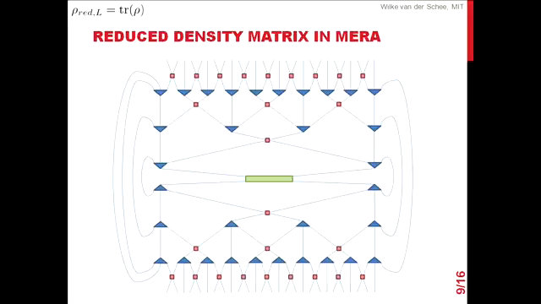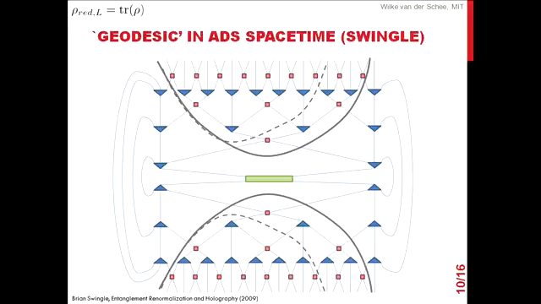But we're lucky here, because there's a simplification in this MERA, because all these things are unitary and isometries. And if you apply a unitary transformation or an isometric transformation on a matrix, the eigenvalues remain the same.